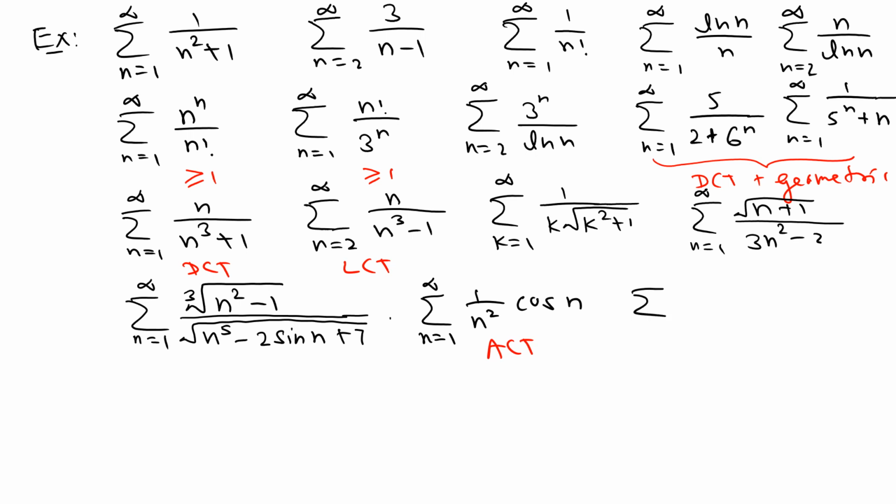And now we know the idea, so we can try these. Negative 1 to the n minus 1, sine n squared divided by n, something like that. Good.